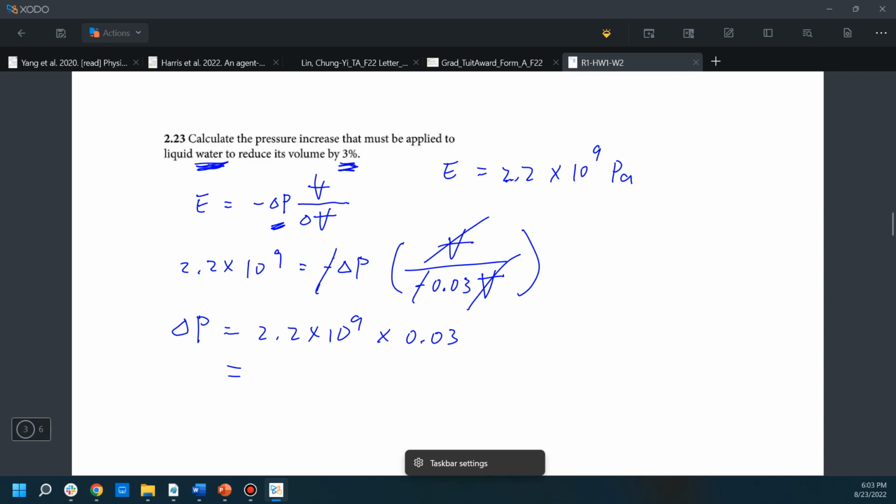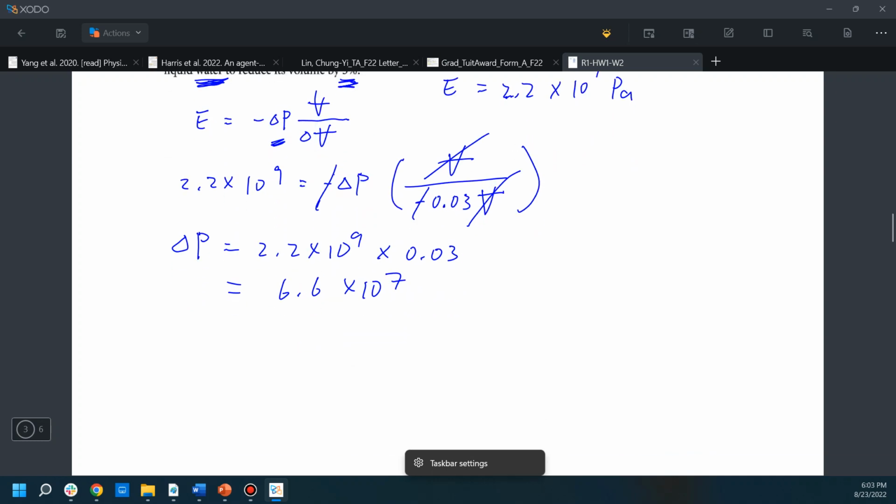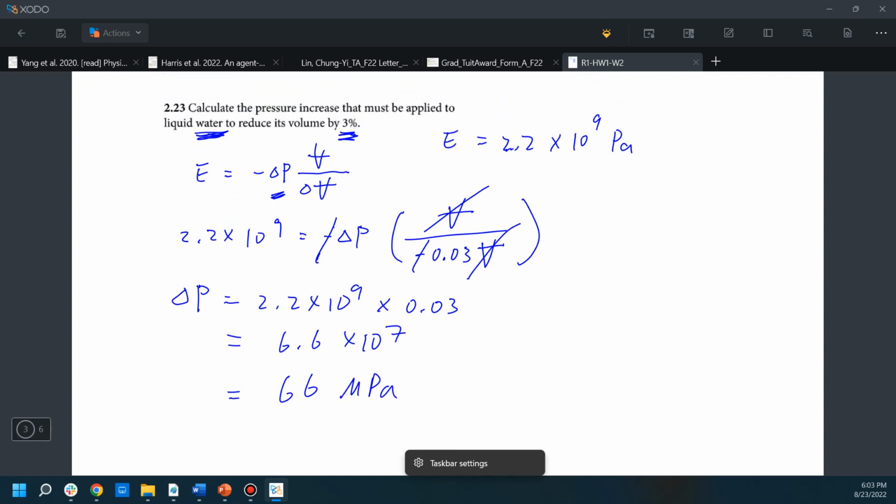Then we get 6.6 times 10 to the power of 7, and we can do some unit conversions, that this is also equal to 66 megapascal. And that is the pressure increase that we need for this problem.